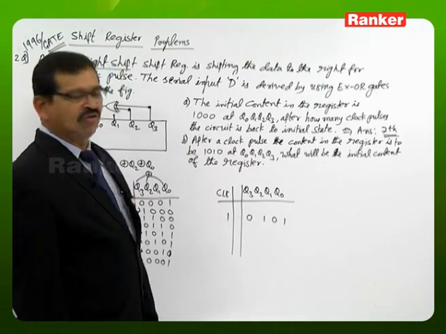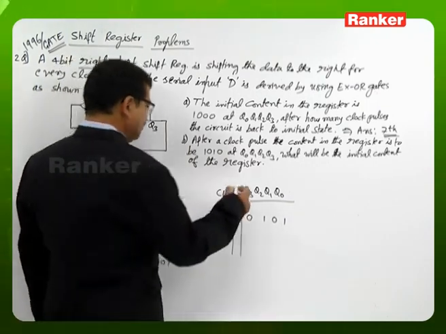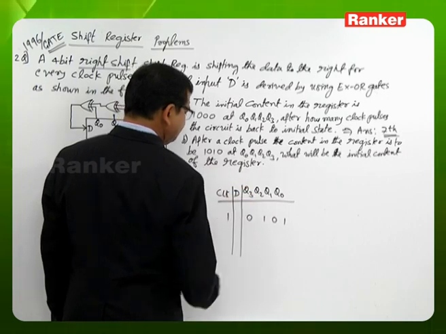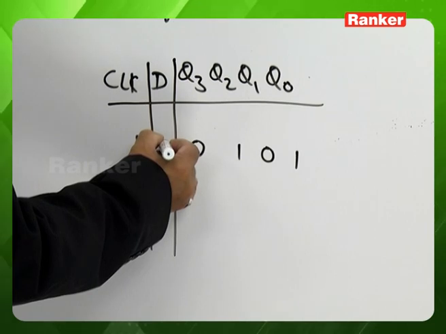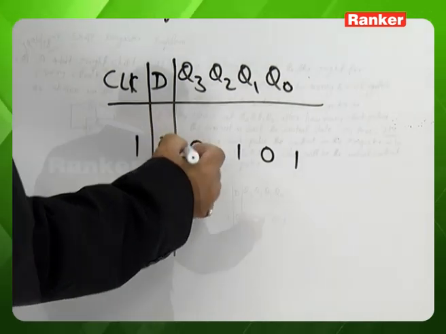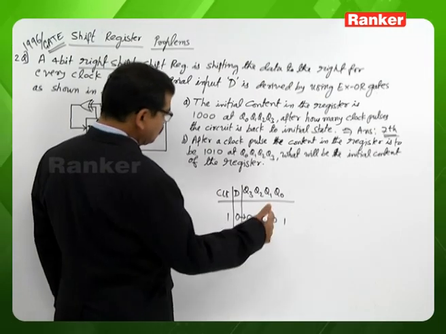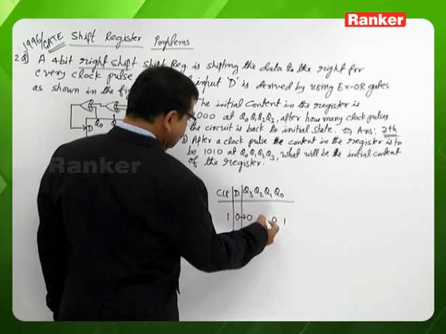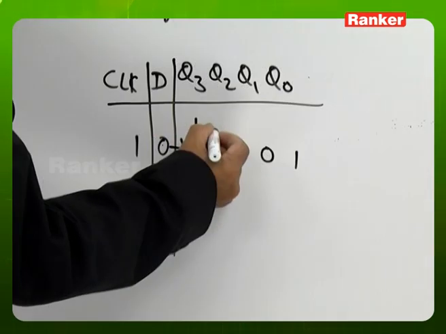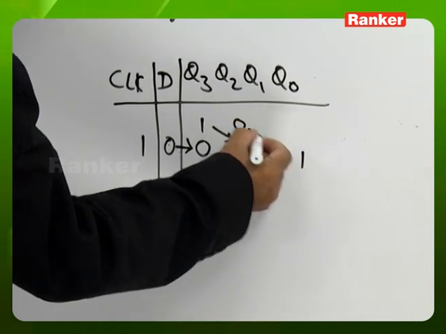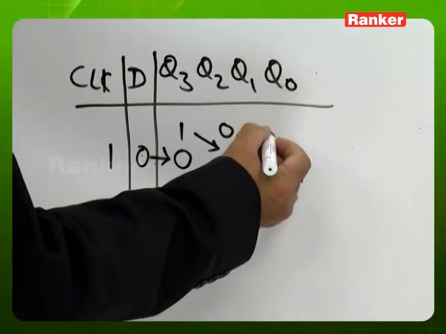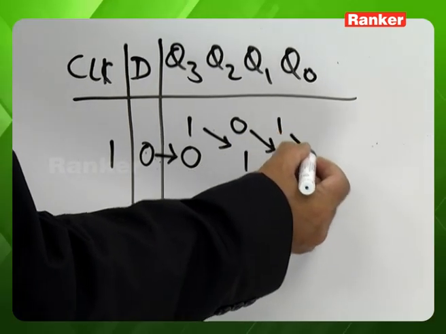What will be the initial content of the register is the question. So if you look here, after a clock signal, if you want to read Q3 to be 0, then D, the serial input, must be 0. After the clock signal, we want to read Q2 to be 1, then Q3 must be 1, Q1 to be 0, so that Q2 must be 0, Q0 to be 1, so that Q1 must be 1.